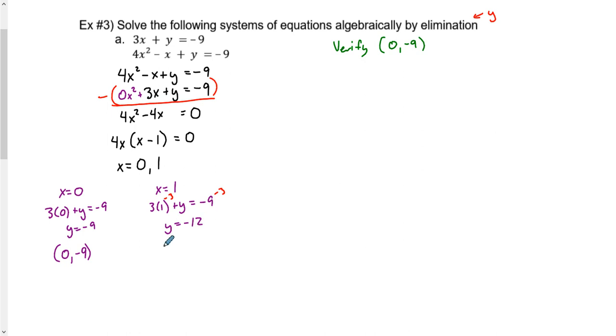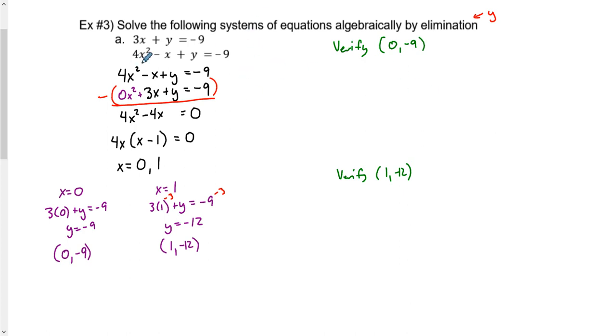Y equals negative 12. So 1, negative 12 is the other one that we're going to verify. Oh, that should definitely read negative 12, not negative 2. 1, negative 12. Apparently I don't like writing the tens.